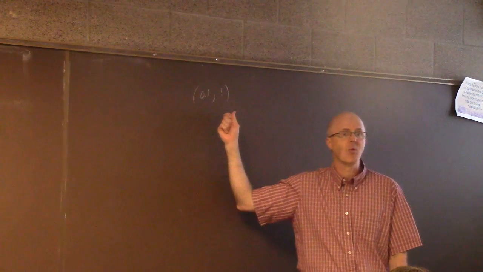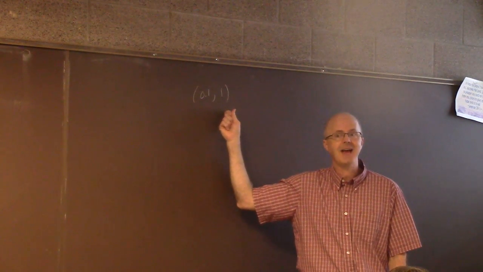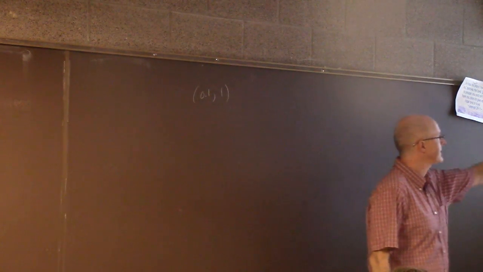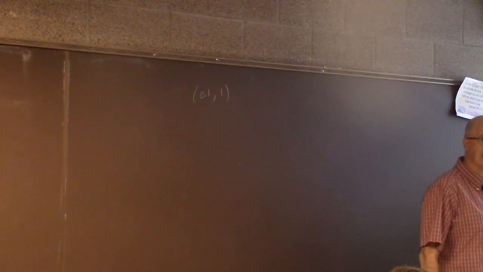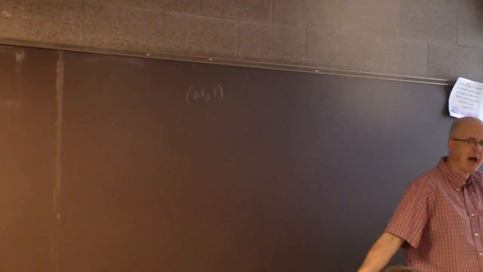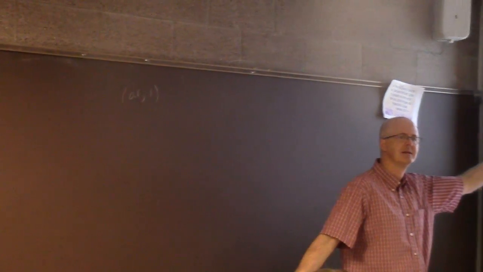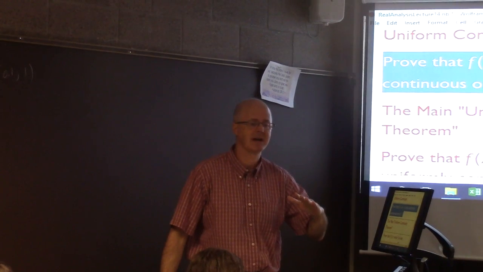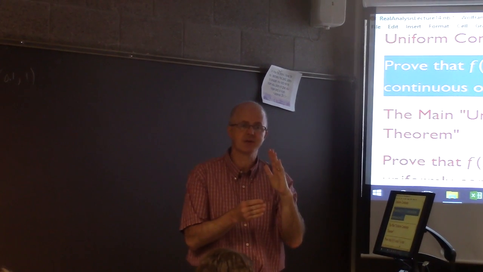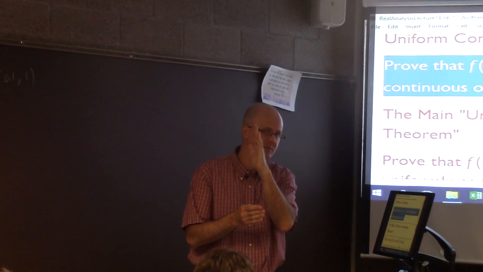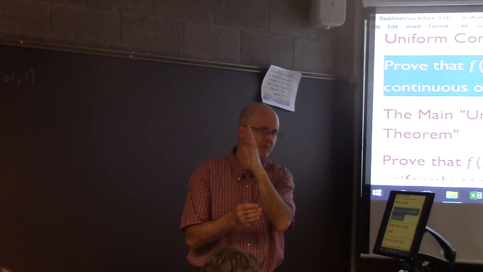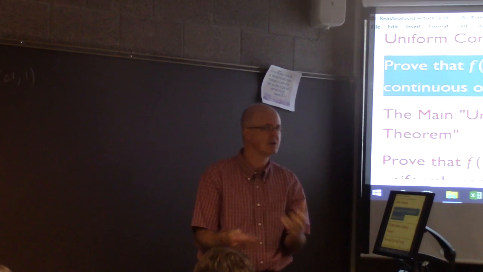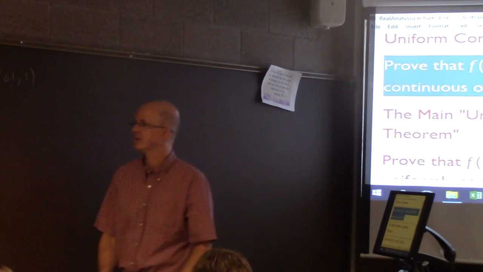But if you make that left endpoint 0, it somehow suddenly becomes not uniformly continuous. This is true, we can prove it. Again, intuitively, it's because you've got a vertical asymptote at 0, the graph gets too steep. It gets arbitrarily steep as you approach 0. That's the intuition about why it's not uniformly continuous.